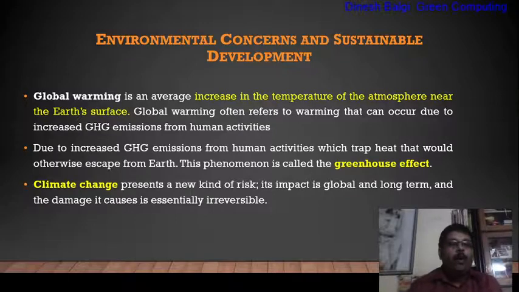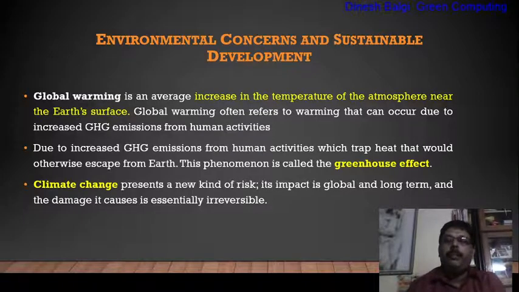So exactly what is this, we have to understand. If you take the sun, the sun rays are coming towards the earth. We have to understand the meaning of this activity which traps heat that would otherwise escape from the earth. We know that the sun is essential for us, for human beings and all living animals on the earth.